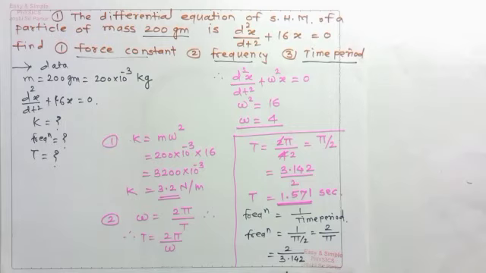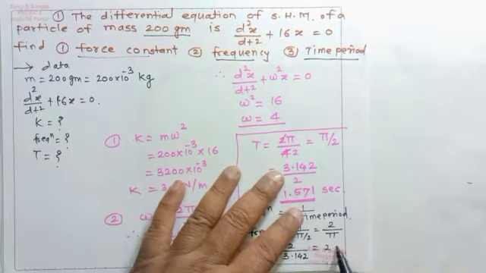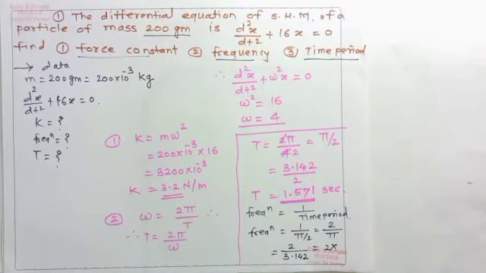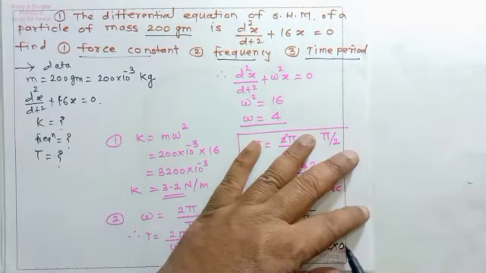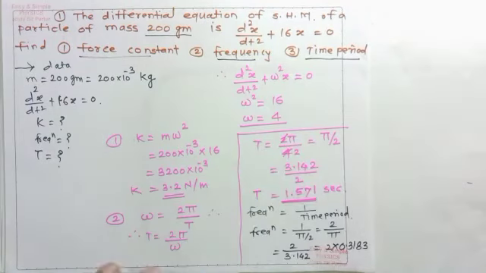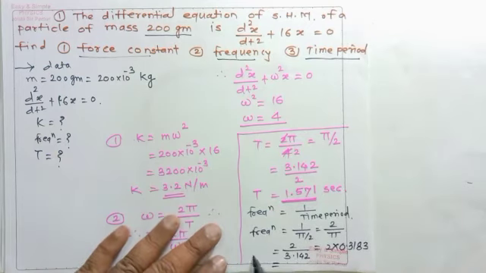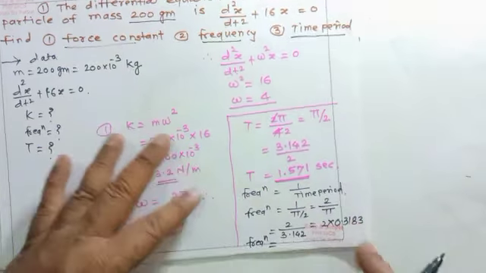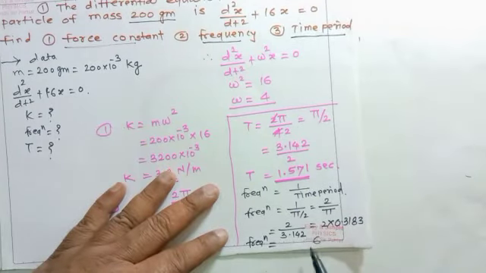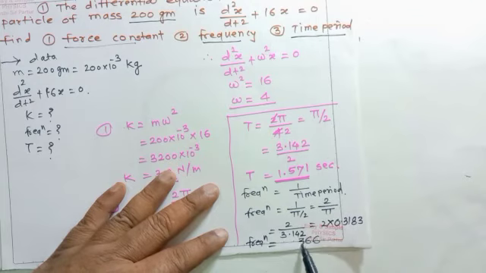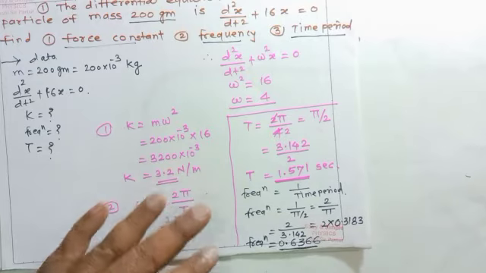The reciprocal of 3.1 is 0.3226 and of 3.2 is 0.3185; subtracting the mean difference 2, it becomes 0.3183, and multiplying by 2, the frequency becomes 0.6366.